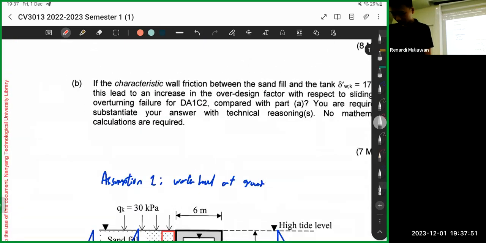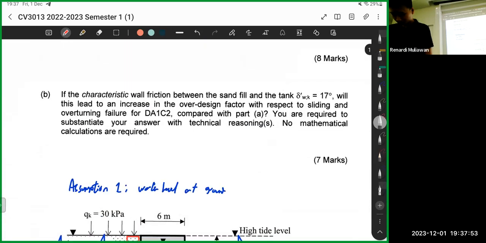Lastly, this one. Now they give the wall friction. And will this have an increase in over-design factor for sliding and overturning? So this one, the answer is, of course, yes. Well, yes for sliding.